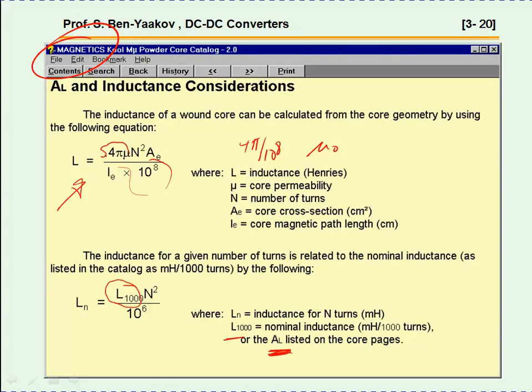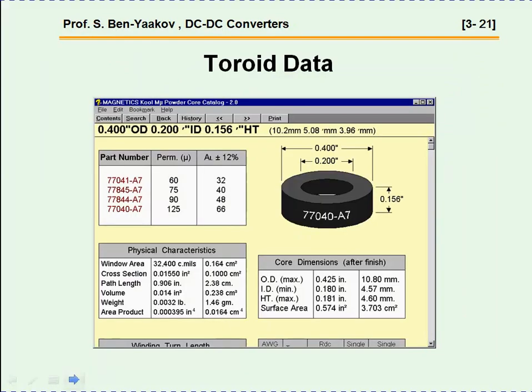So therefore, since again the inductance is a function of N squared, to find out what is the inductance of a given core when AL is per 1,000, you have to divide it by 10 to the 6, which is, of course, 1,000 squared. Now, if we look up, say, the Magnetics catalog again, we see the number of cores with different permeabilities, that is 60, 125.